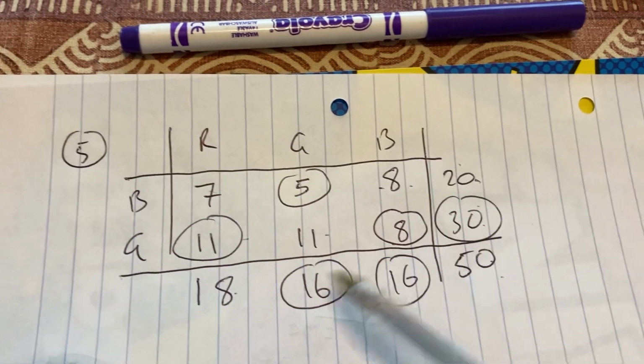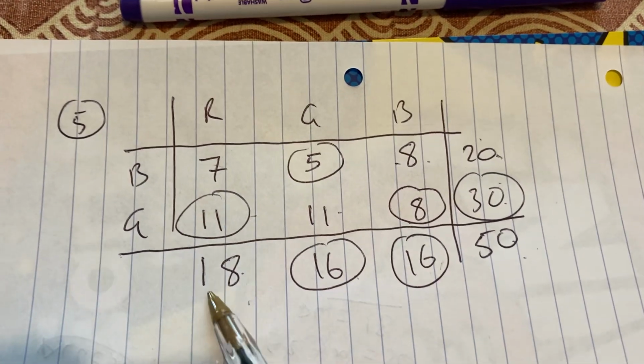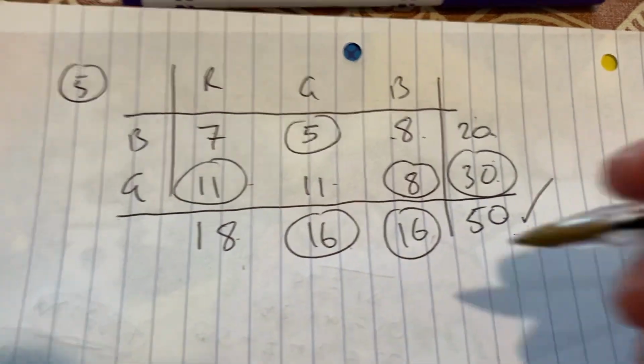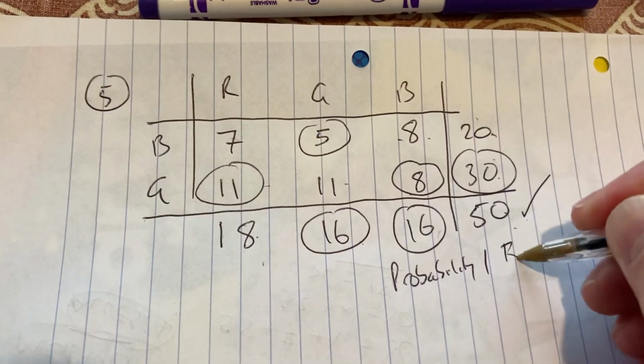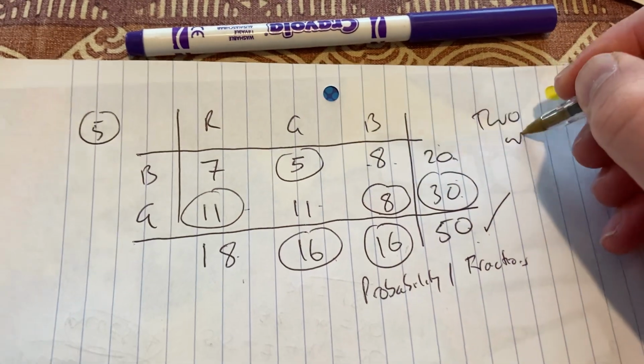That must add to 50, and those three must add to 50. That's 32, 42, 50. So I know that's fine. They haven't extended this question, but they could get into probability and fractions on that topic as well. But this is two-way table.